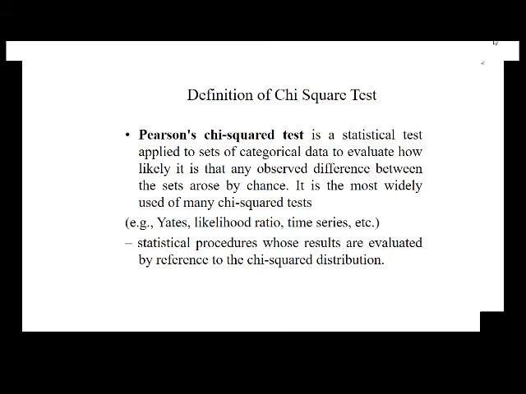Definition of chi-square test: a statistical test for categorical data that evaluates how likely it is that any observed differences between a set of data arise by chance. It is the most widely used of many chi-square tests, such as Yates, likelihood ratio, time series, etc. These are statistical procedures whose results are evaluated by reference to the chi-square distribution.